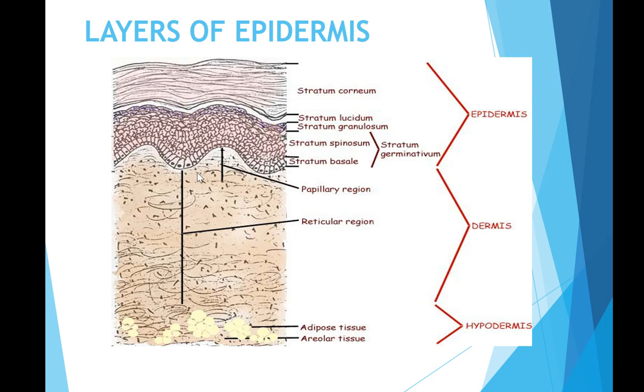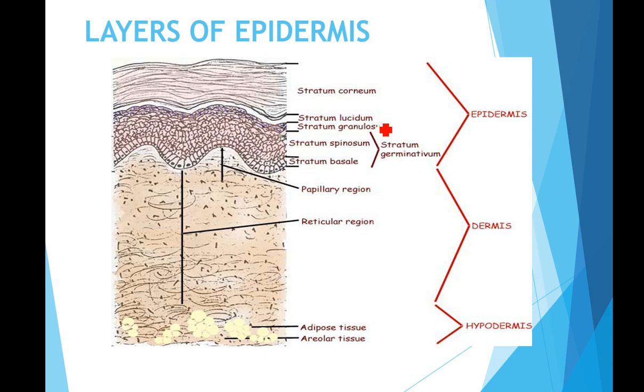Now, as you know, we have 5 layers of epidermis, namely stratum corneum, lucidum, granulosum, spinosum, and basale. These 5 layers are not always present in all types of skin in our body and in every location. Why?